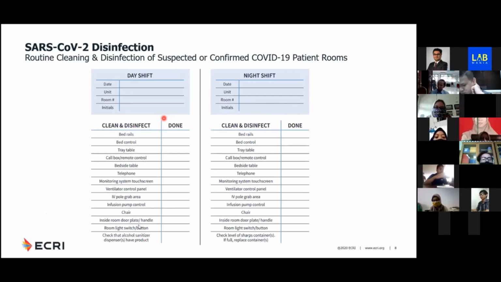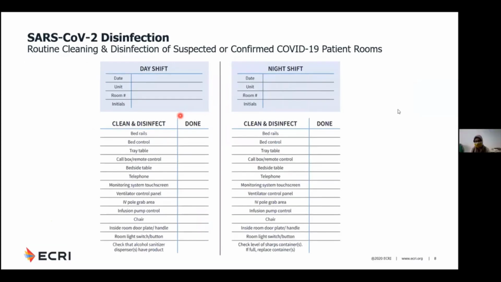And we look at medical devices, things like your ventilator control panel, okay, your infusion pump control, all those areas should also be properly cleaned and disinfected. So here we just provide a checklist of what you should look at when you're cleaning. Of course, all this can't reach the sterilization level, so you would use proper solutions to perform disinfection, okay, once a day and once in the night, depending on the shift.